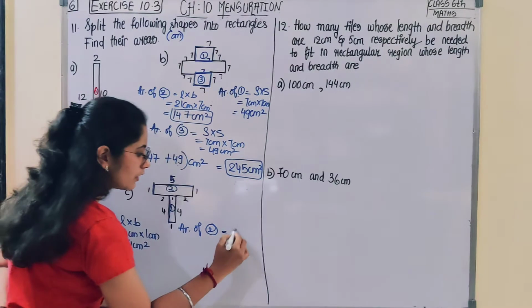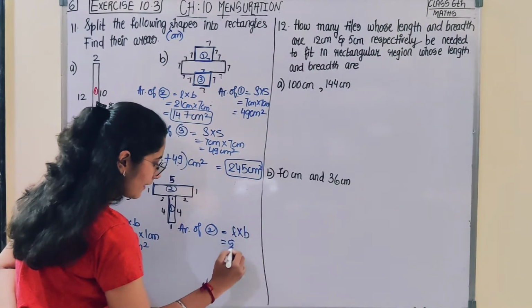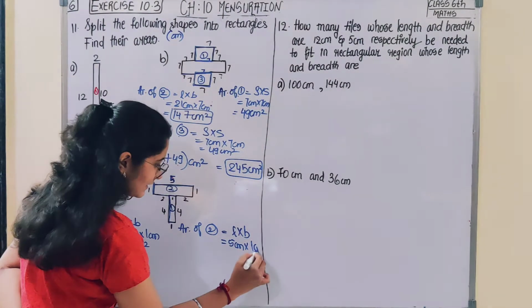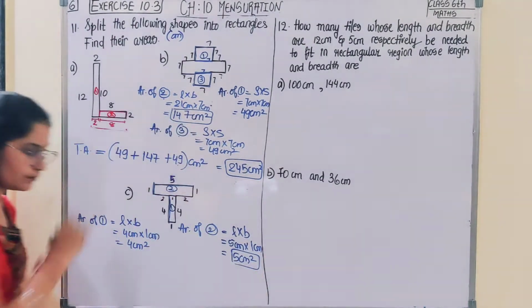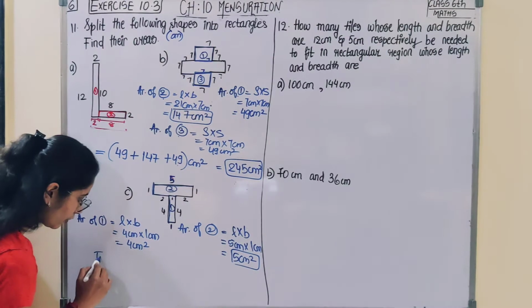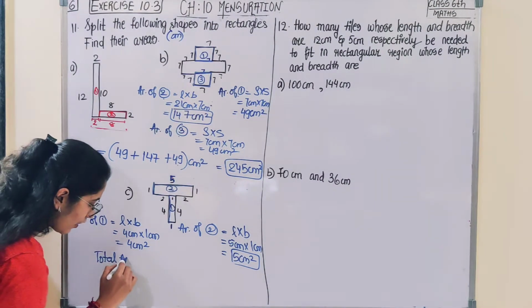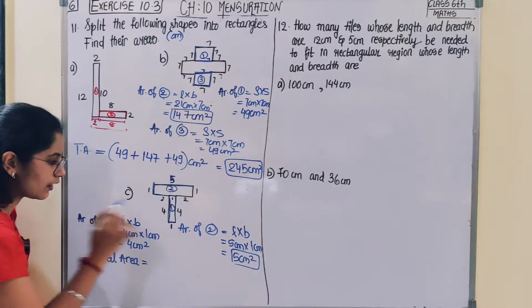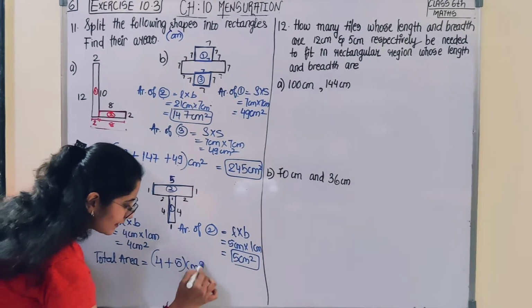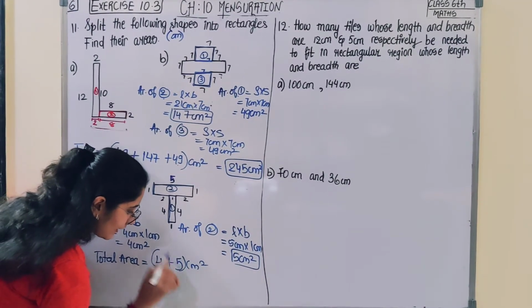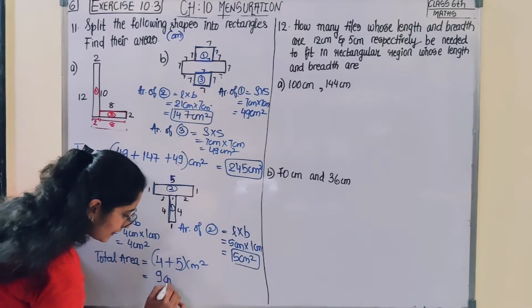Right? So length into breadth is 5 centimeter into 1 centimeter, that is 5 centimeter square. Okay, now total area is area of 1 plus area of 2, that is 4 plus 5 centimeter square, that is 9 centimeter square.